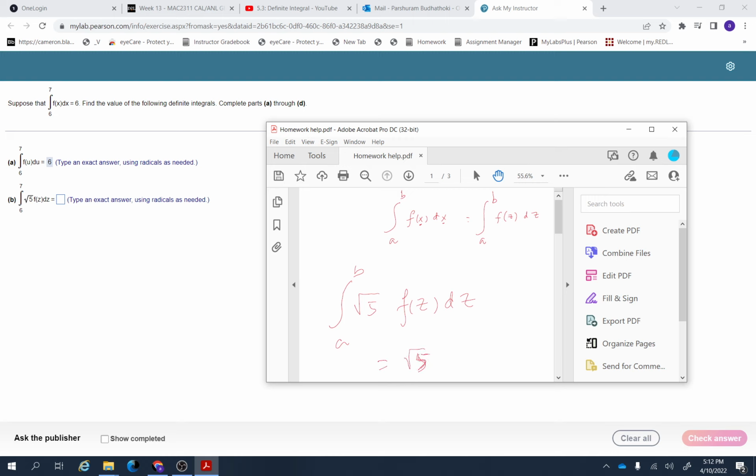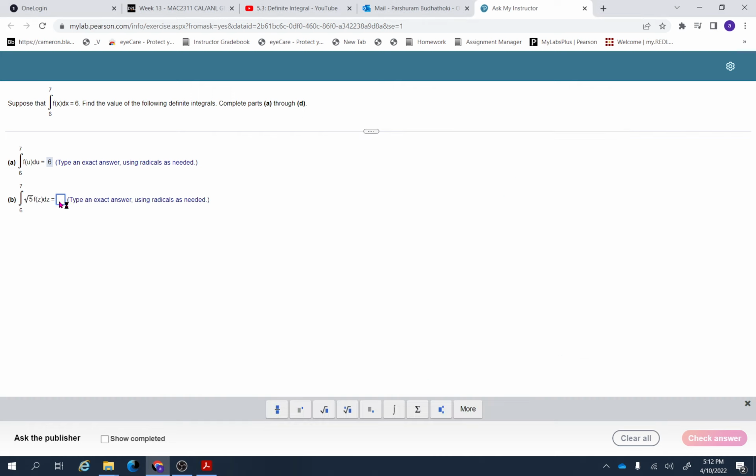This is a constant, so you can always bring this constant outside the integration. Remember, this is the same as f of x dx. So instead of this integral, we can also replace it by 6. So the answer would be 6 square root of 5.